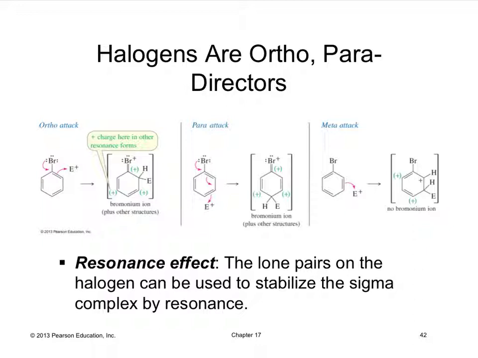If we do para attack, para attack will generate a bromonium ion in which this is the most stable one, right? And then you can have electrons move, and you can have the electrons stabilize in resonance at these positions. But if you have meta attack, you can only have that positive charge move around, in which the bromine doesn't participate in the stabilization of the ring.